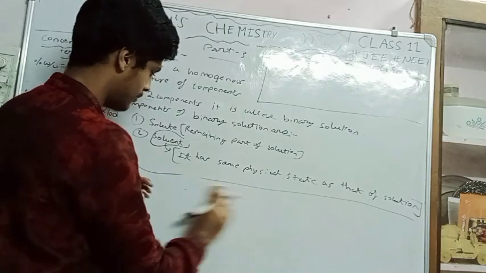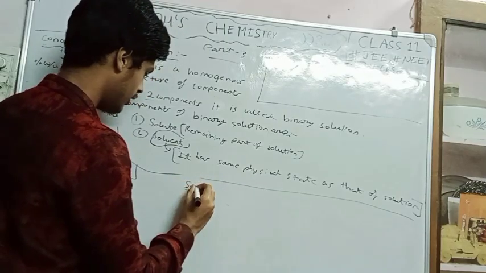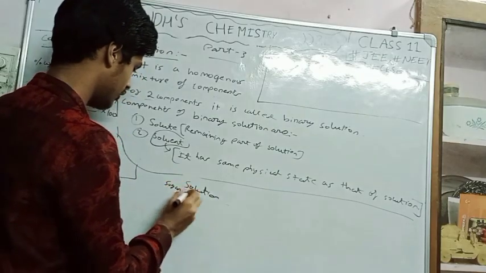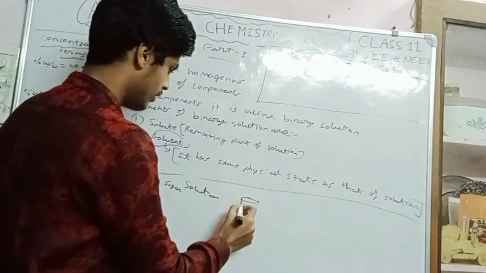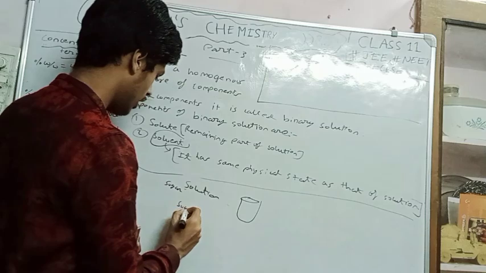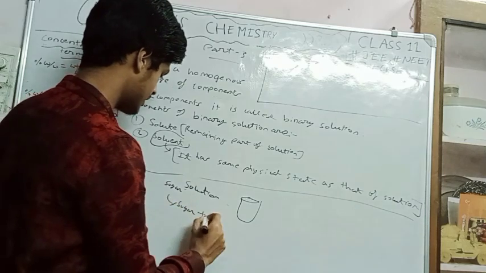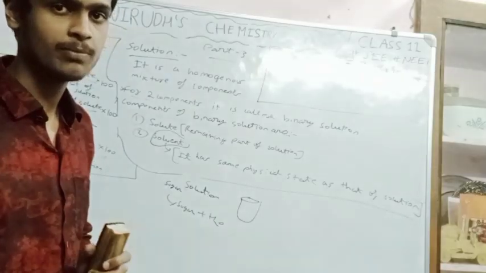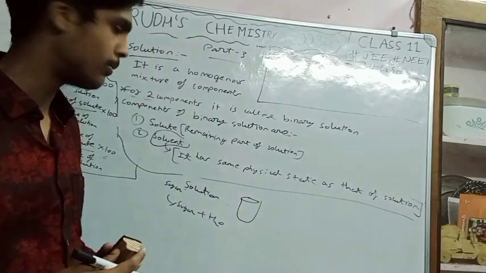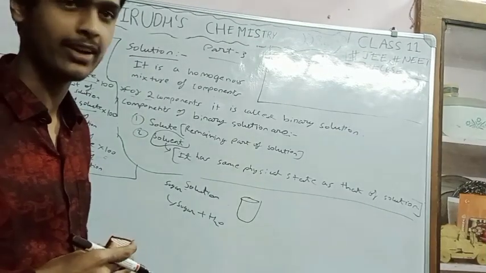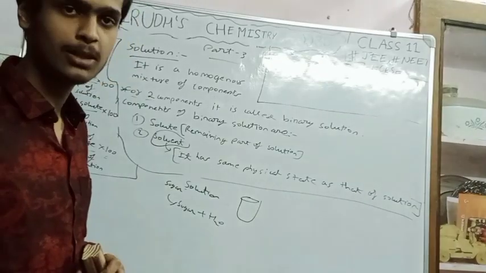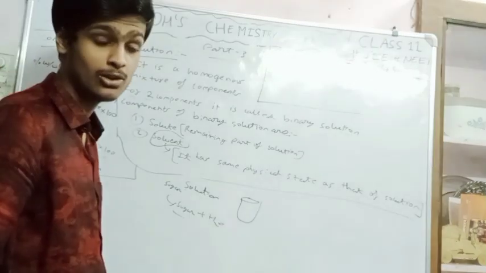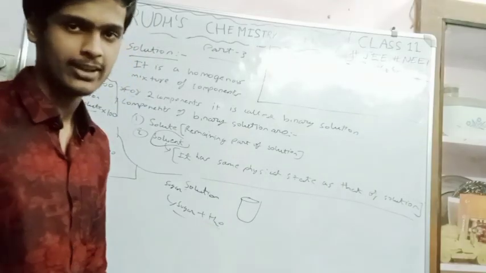For your better understanding, if we have some sugar solution, in this sugar solution you have sugar plus water. Suppose you make it at home, you will drink sugar water. It's nothing but sugar solution. It is nothing but sugar plus water. In this case, sugar is the solute, and water is the solvent.